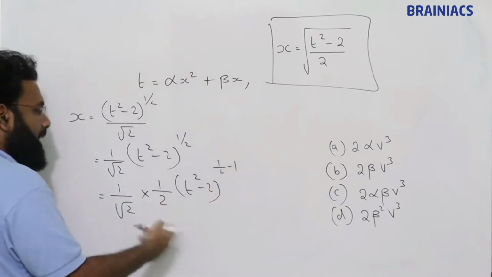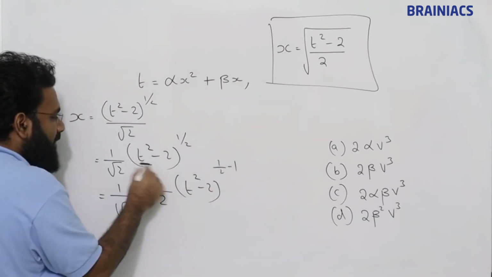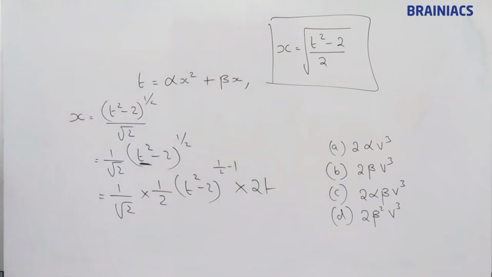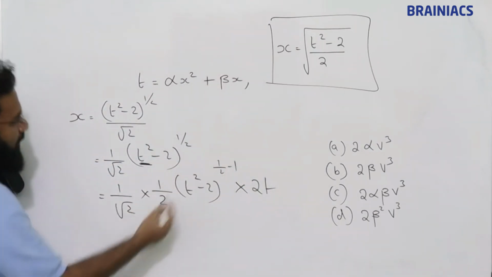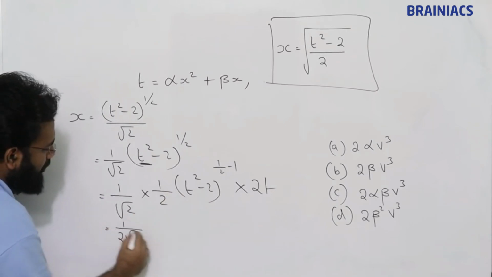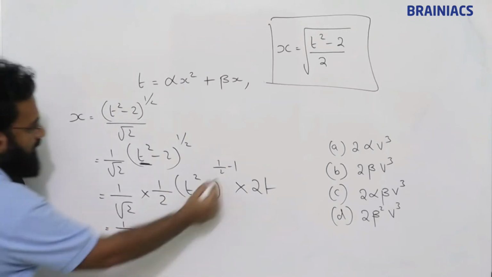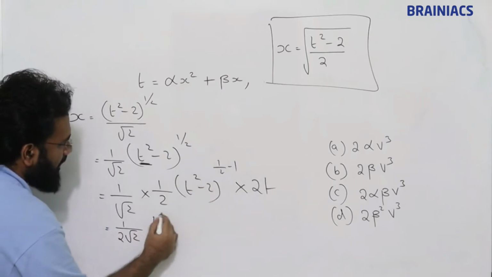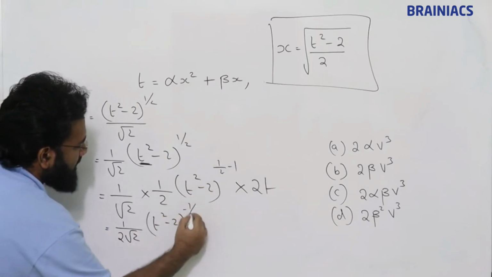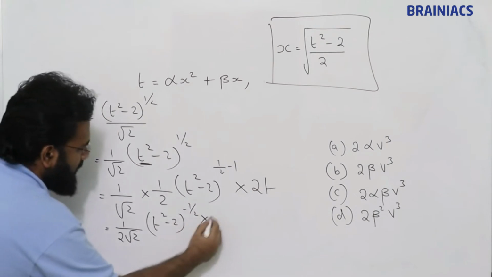So we get 1 by 2 into t square minus 2 all raised to 1 by 2 minus 1. Then after that, we differentiate the term inside. So what will be the answer? 1 by 2 root 2, then t square minus 2 all raised to minus 1 by 2, into 2t.